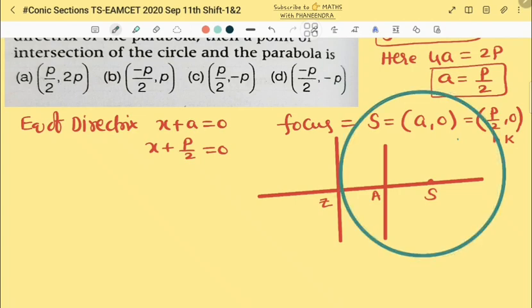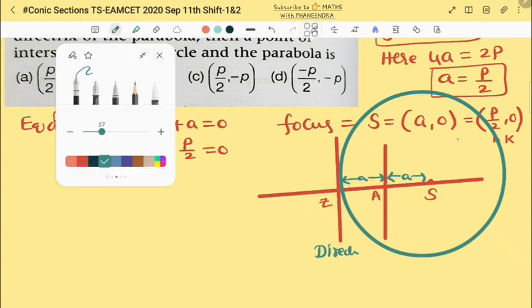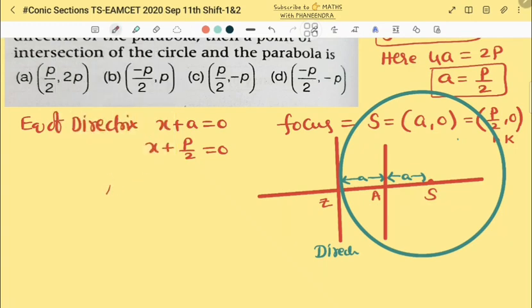This is the circle. Circle touches directrix. This is the directrix equation, dear students. So from focus to Z, from here to here it is A, from here to here it is A. So 2A, radius of the circle R is equal to 2A.